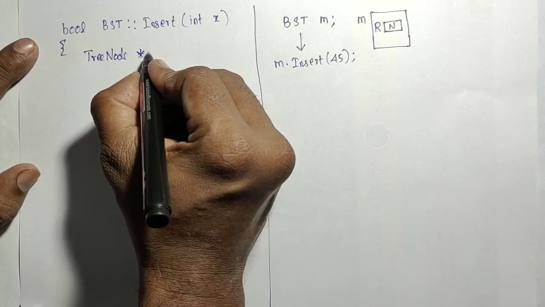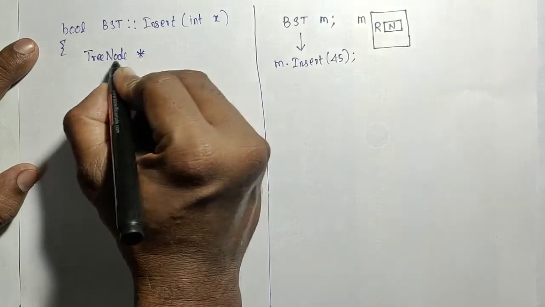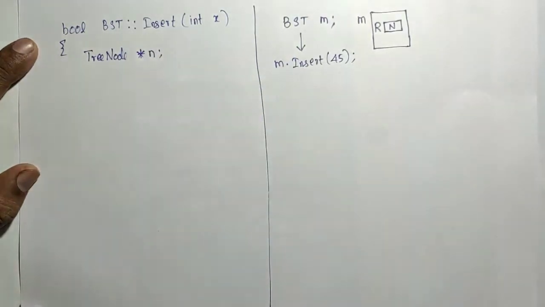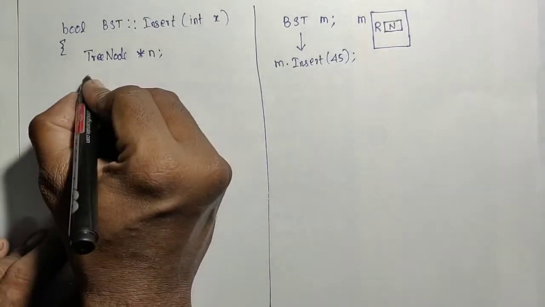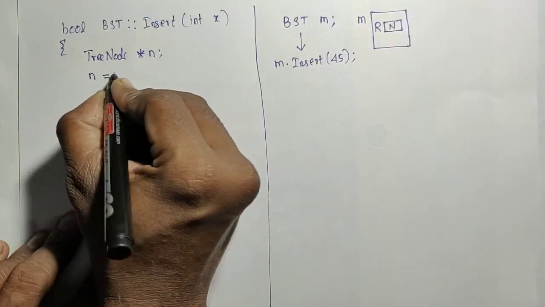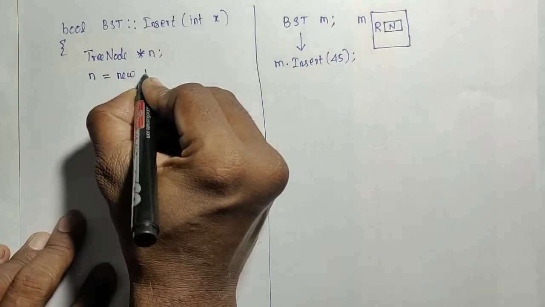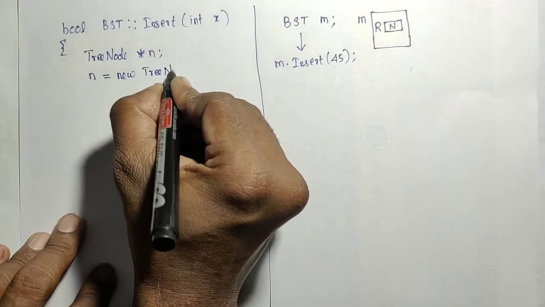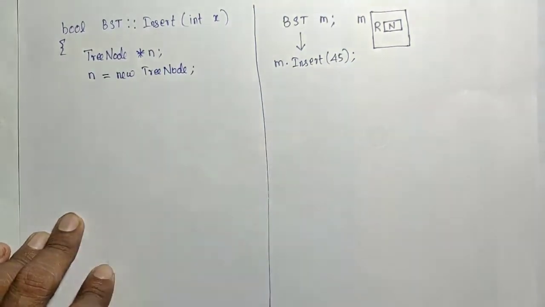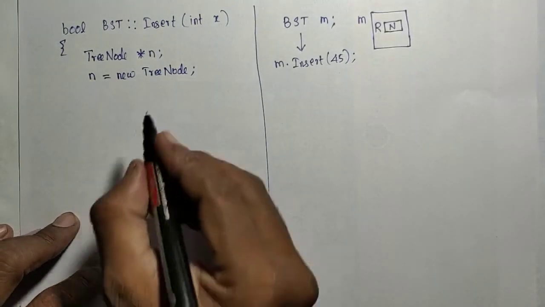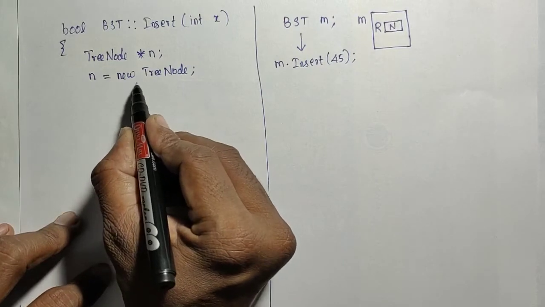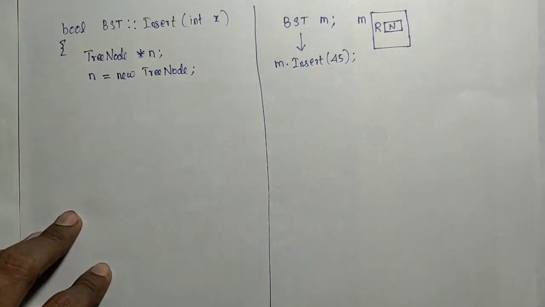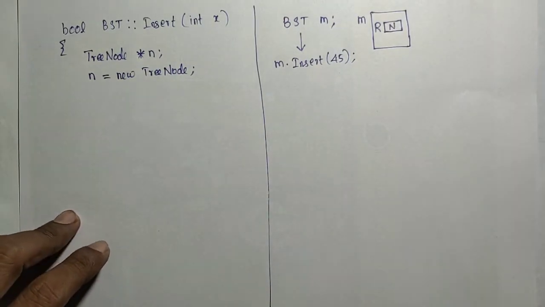So dynamically created means I have to create a pointer, that is star n, and n equal to new tree node. The next question is whether the new node is created successfully by using the new operator or not. With insufficient memory in the RAM, it may not happen.